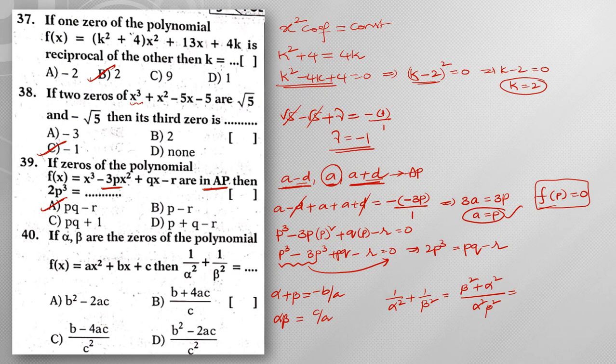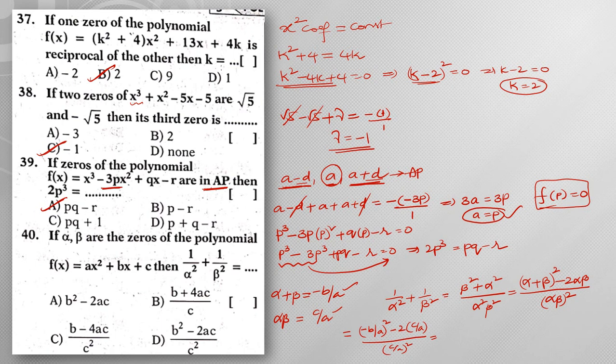Now in the numerator you can see that it is in the form of a square plus b square. A square plus b square can be written as (a plus b) whole square minus 2ab, and in the denominator it is (alpha beta) whole square. Since we have already found the values of alpha plus beta and alpha beta, we can substitute here. Then we have (minus b by a) whole square minus 2 times c by a, by alpha beta, which means (c by a) whole square.